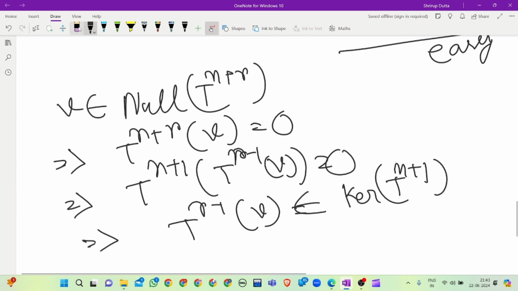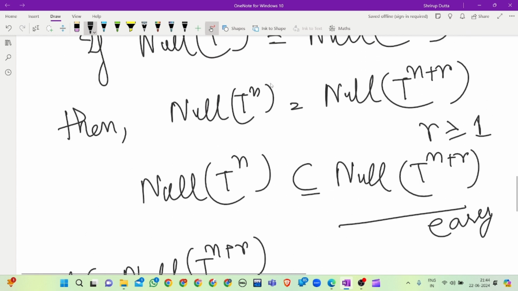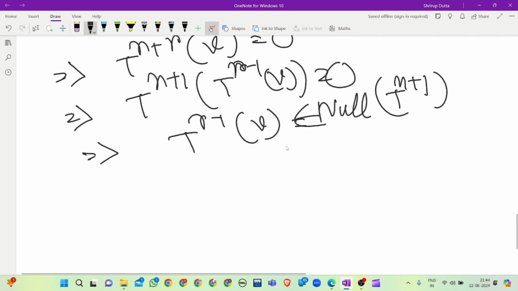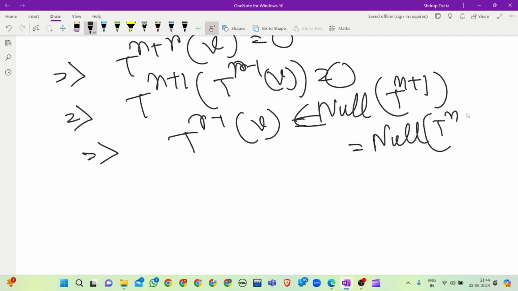sorry guys, this is not kernel, this is null space of T to the power n plus 1, and we previously have null space of T to the power n plus 1 equals null space of T to the power n. So now this equals null space of T to the power n. So see, T to the power r minus 1 of v belongs to null space of T to the power n.